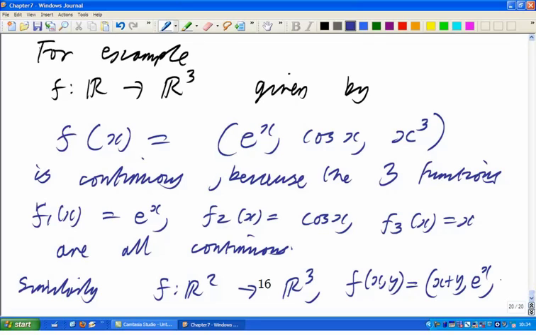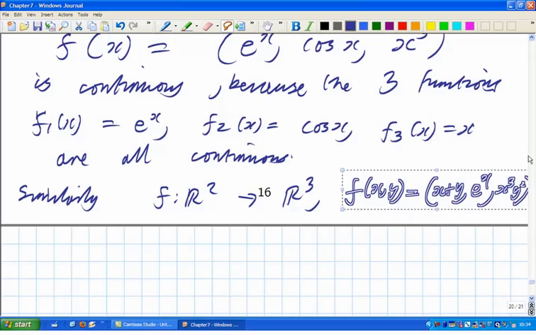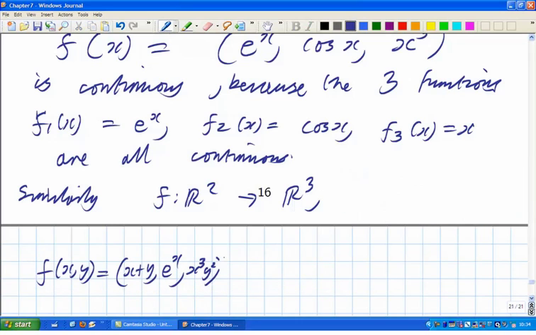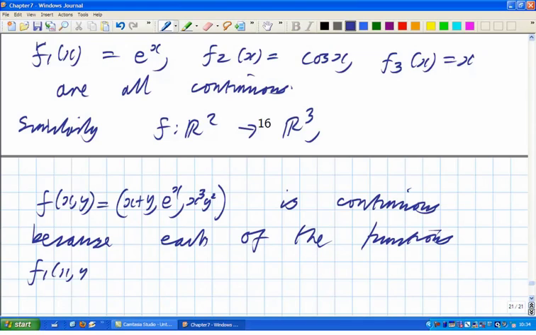And similarly, f from R squared to R cubed defined by f of (x,y) equals another few random functions: (x plus y, e to the x, x cubed y squared). There you are.